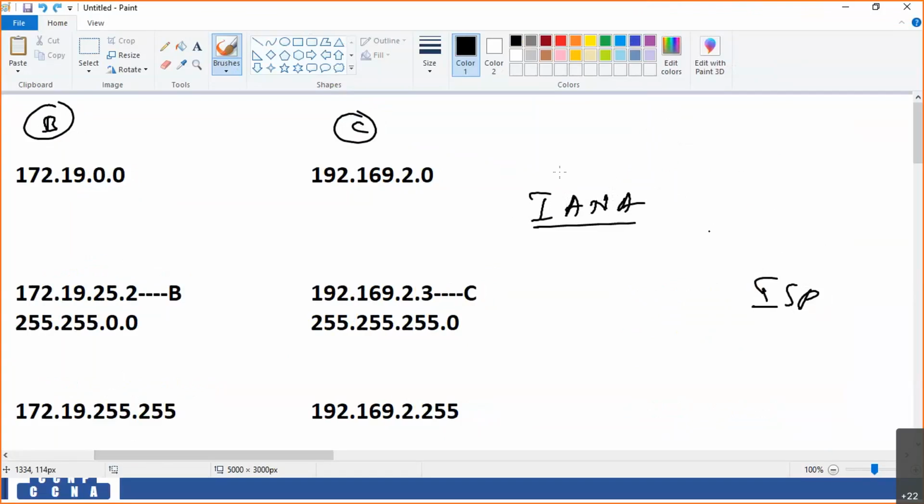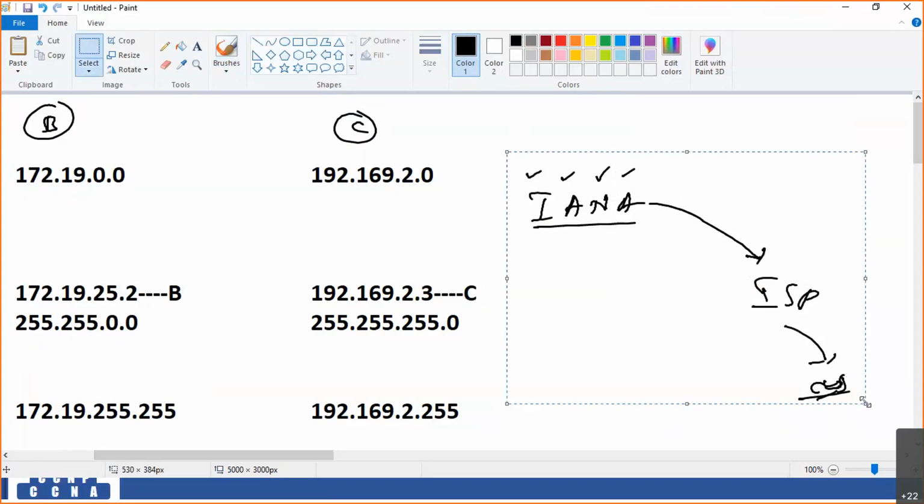IANA is the head: the Internet Assigned Numbers Authority. From IANA it goes to the service provider, then to the customer.